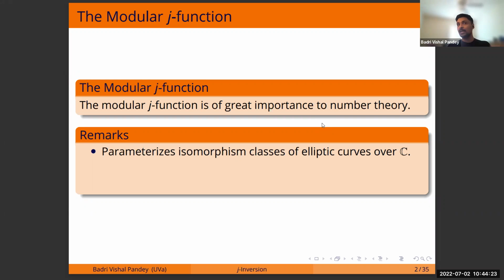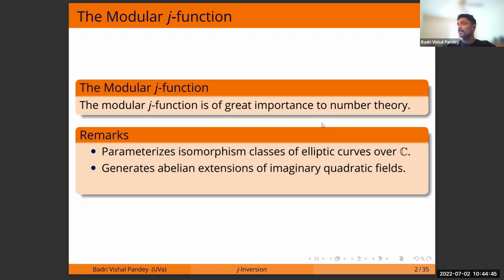And it turns out that if two lattices have the same J value, then those two elliptic curves are isomorphic. Everything is over C. For other fields of different characteristic, it's not true. There is a more general theory going on there.